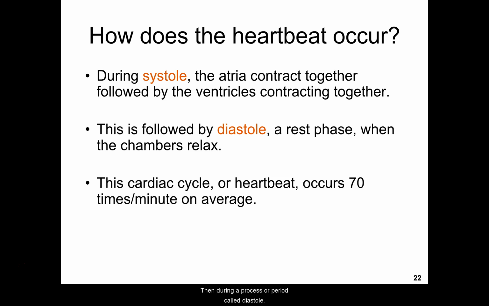Then, during a period called diastole, the chambers relax and the blood can come back into the heart after it's been pumped out. This is referred to as the cardiac cycle, and it happens an average of about 70 times a minute, all day, every day. It's definitely lower when you're sleeping, but anyway.